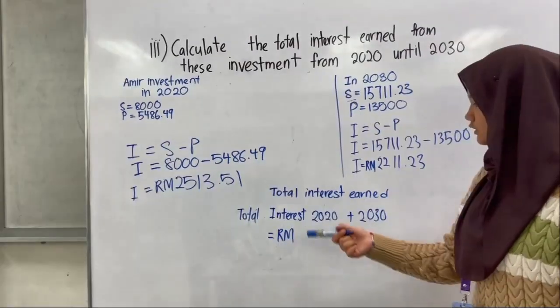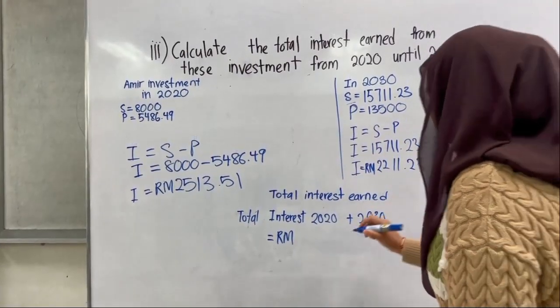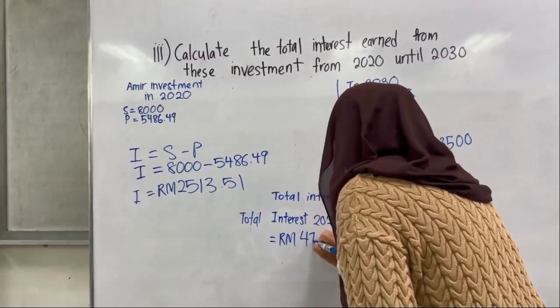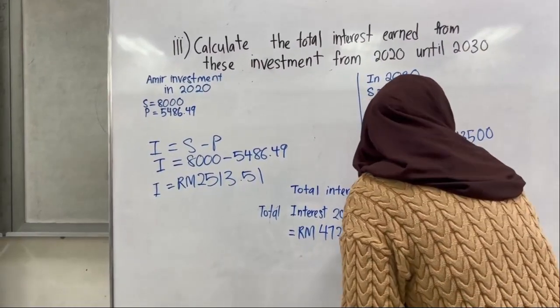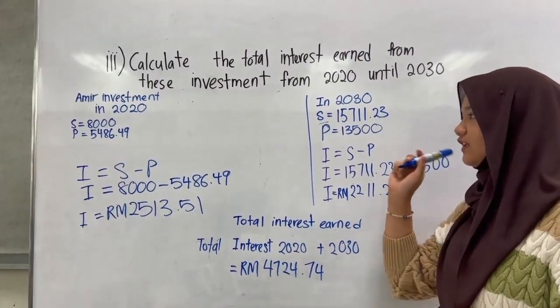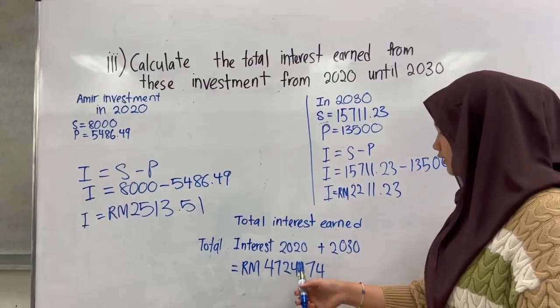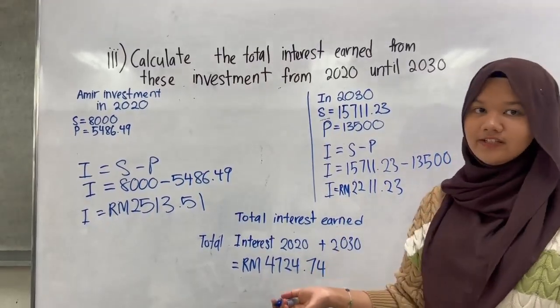So the total interest earned from 2020 until 2030 is 4,724 ringgit and 74 cents.